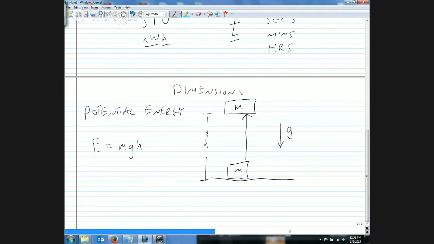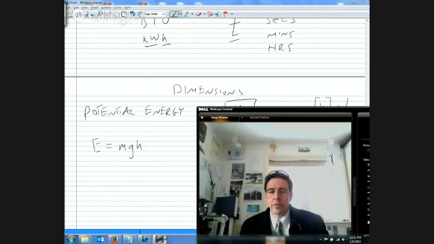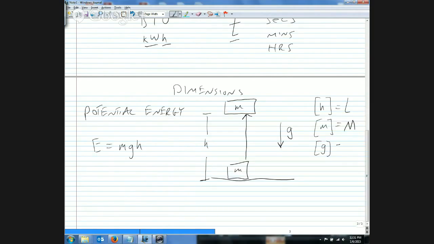So height is just another, and I'll put height right here, it's kind of easy. Height has dimensions of length, so I'm going to use big L for length. Mass has dimensions of, that's what the brackets mean, dimensions of mass, and I'll use big M for mass. And then gravity, the dimensions of gravity, if you remember your physics courses, you remember that gravity is measured in meters per second squared or feet per second squared. And that ends up looking like length over time squared.